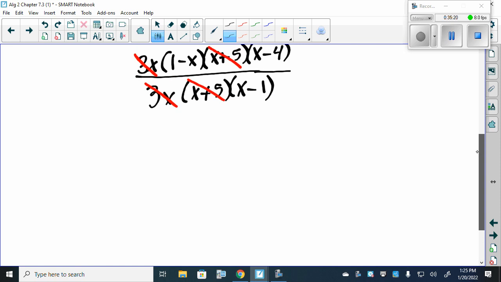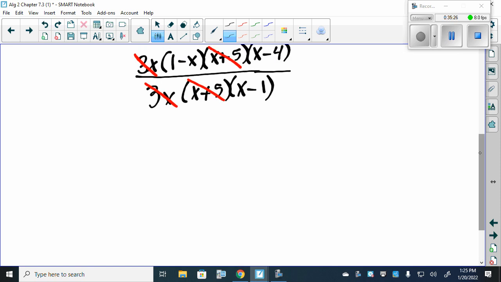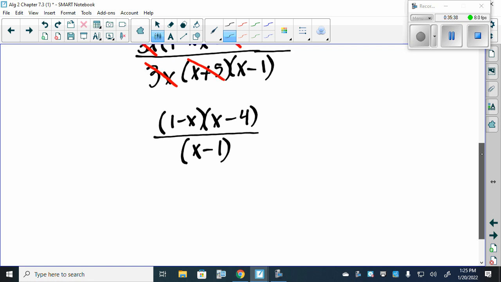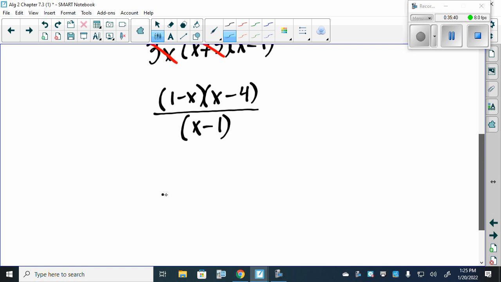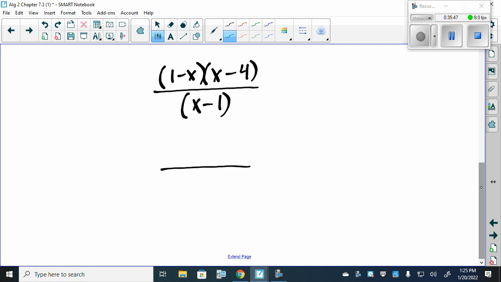We just have to do something first. And we have 1 minus x times x minus 4 on top. And on bottom we have x minus 1, yes? So they are almost the exact same, except for the signs are what? Flipped, yes? And we can do this if both signs are flipped.